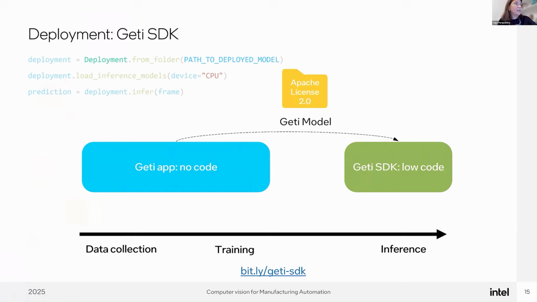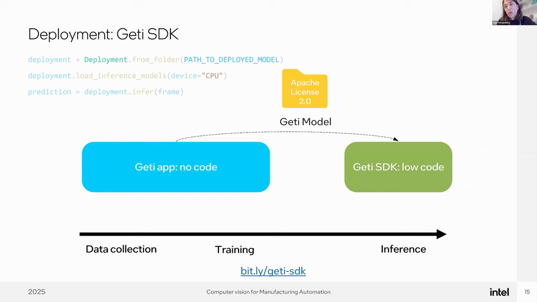Since the model is optimized, it can really run on very low power hardware. For example, on devices like this, it's an Intel Atom processor. It's very cheap, maybe a little bit more expensive than a Raspberry Pi, but all or most of the Getty models actually run quite well on this type of device.